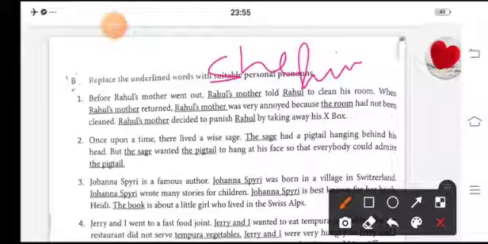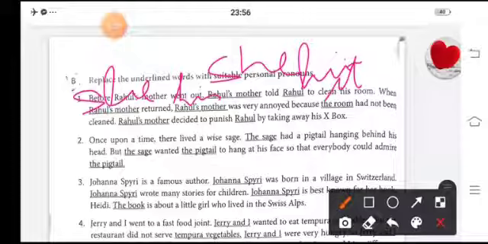When she returned, his mother was very annoyed because the room had not been cleaned. The room will be it.